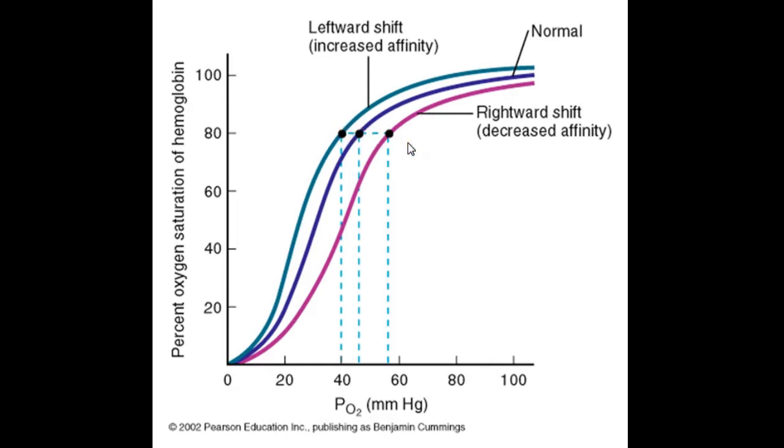So try to understand what it means. Shifting of the curve to the right means that there is a decreased affinity between the hemoglobin and oxygen, or you can say that the oxygen can leave the hemoglobin easily.